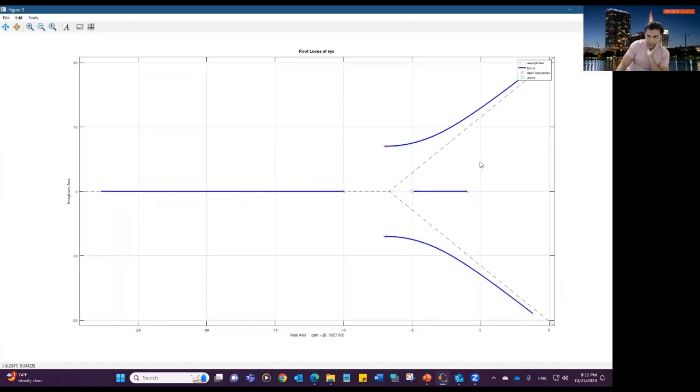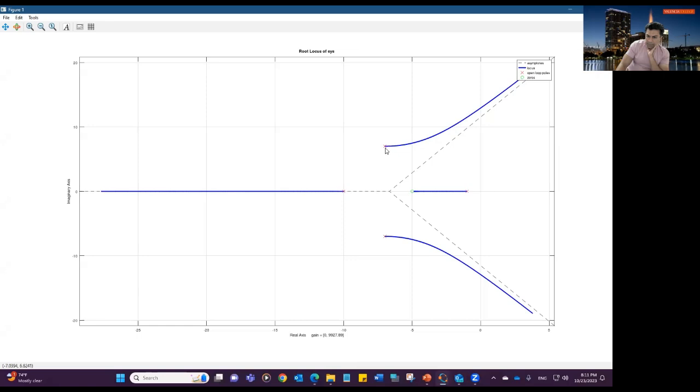So these are the asymptotes, along which these lines go, and they're going to meet. This is the center of the asymptotes, as we discussed. These are the angles of the asymptotes. And these are the sections as I showed you. So you have 1, 0, and then you have 4 poles right over here.